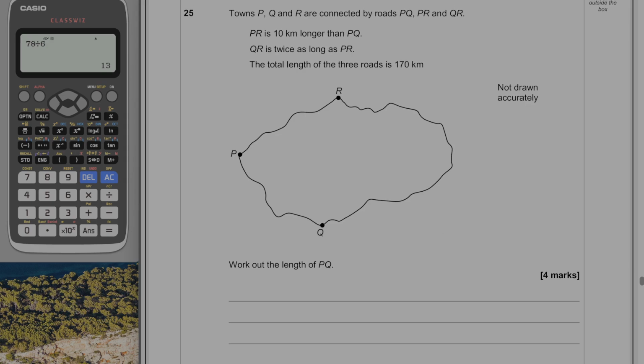Right. So I'm going to start with one variable. So in effect, I've got three roads.